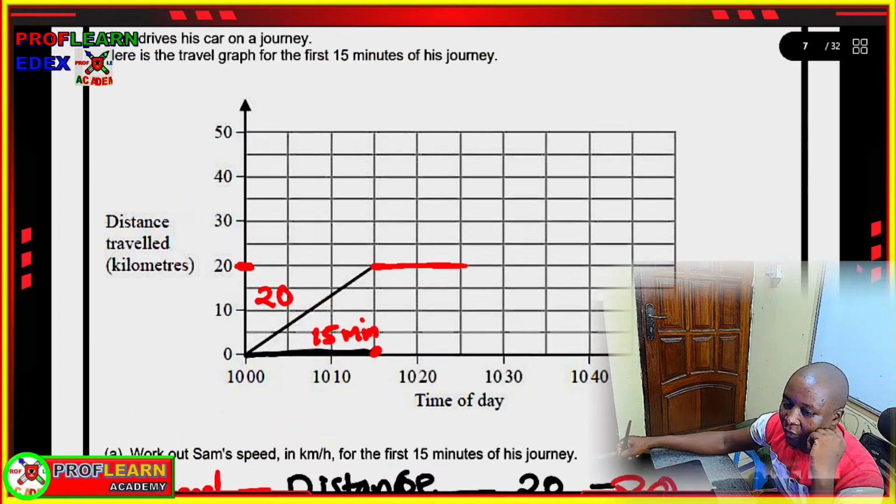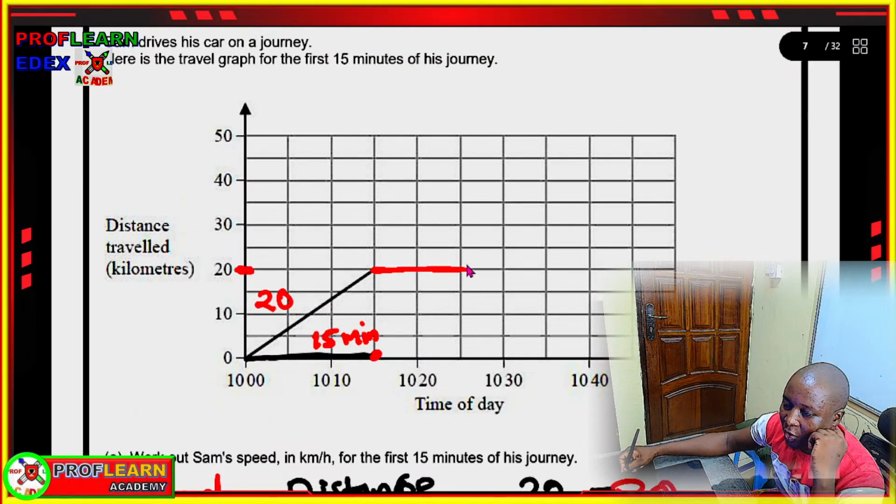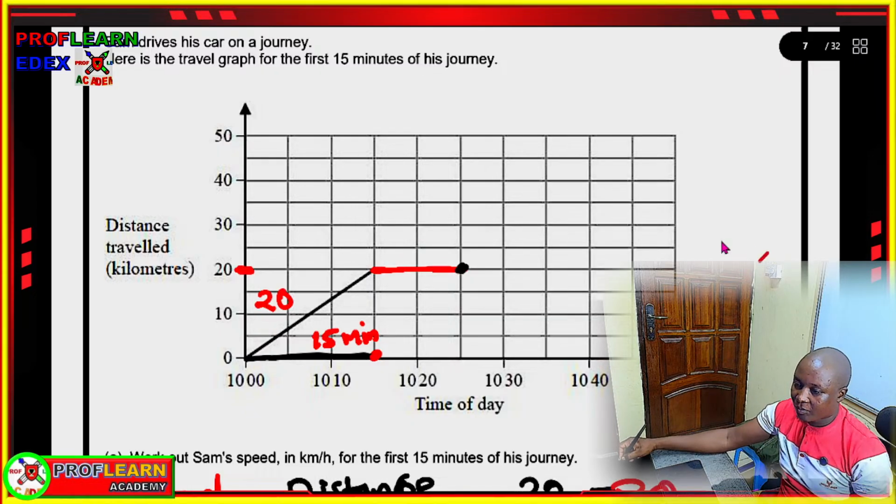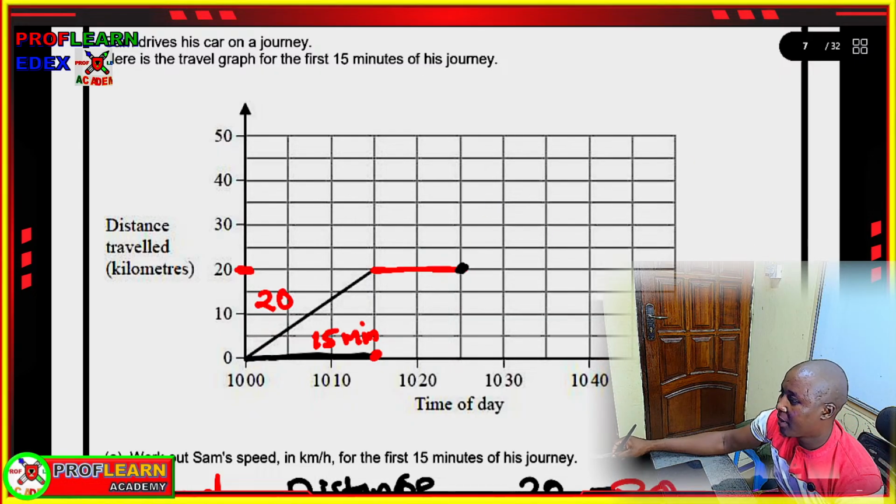So 20 plus 25 has to be 45. But how long from here? For 20, the distance should be 40. From 20 plus 25, that's going to be 45.